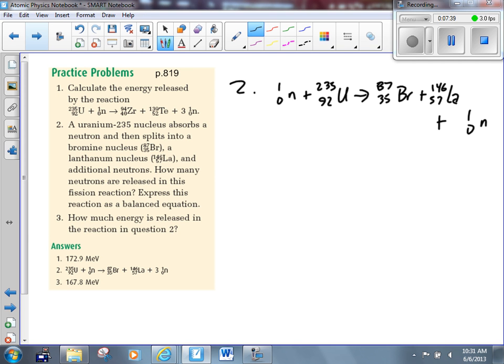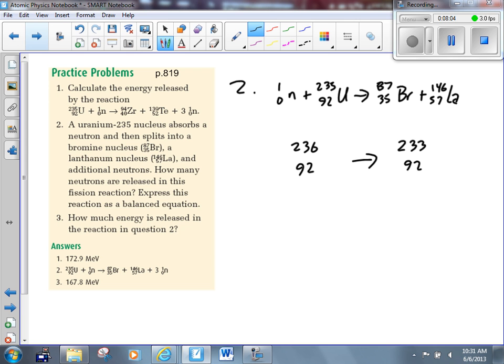Okay? Probably the easiest way to do that is pretend we don't have any right now. On the left-hand side, we've got 1 plus 235 is 236. 0 plus 92 is 92. On the right-hand side, we've got 87 plus 146. That's going to give me 233. 35 plus 57 is 92. So we're missing 3 from our mass number on the right-hand side.